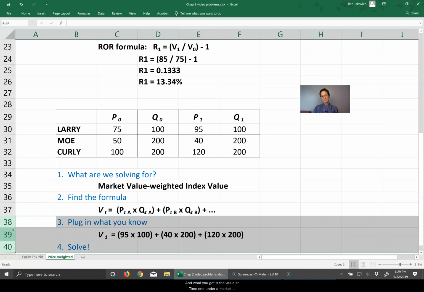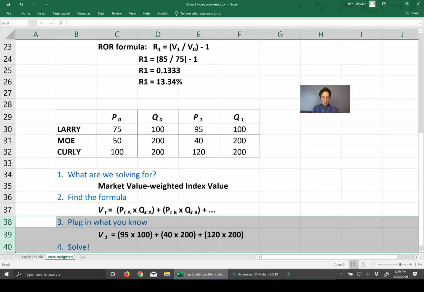The value at time 1 under a market value weighted index is the stock price of 95 for Larry times the 100 shares we own, plus the stock price of 40 for Moe times 200 shares of Moe, plus a stock price of 120 for Curly stock times 200 shares of that.